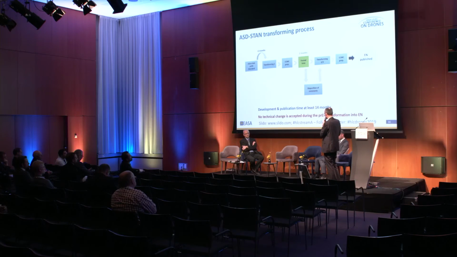After this step, the prEN has to be transformed into an EN, and this part is more formal. It's no longer technical. We are not supposed to go back to the technical specification and the testing method development, but we have to consider this time.